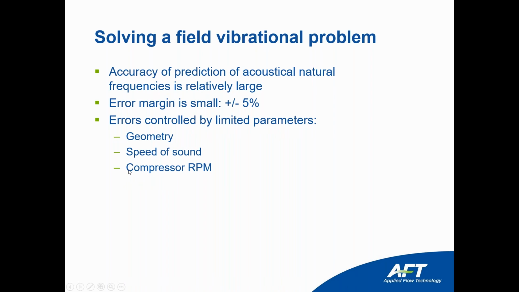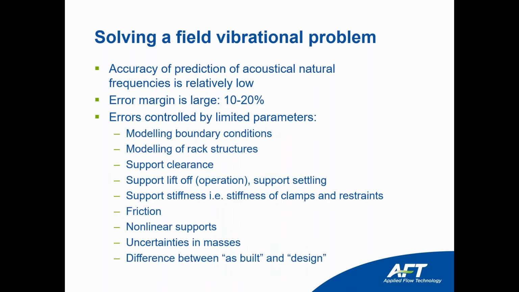In the case of the mechanical model that we built with Caesar, accuracy of prediction of mechanical natural frequency is relatively low, and the error margin is between 10 and 20%.